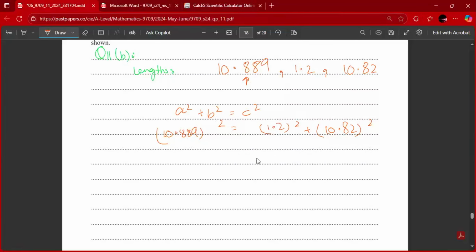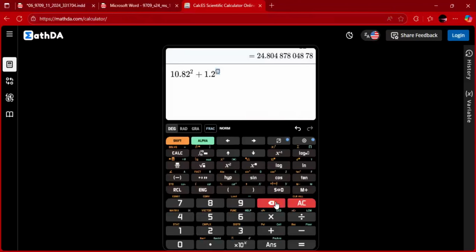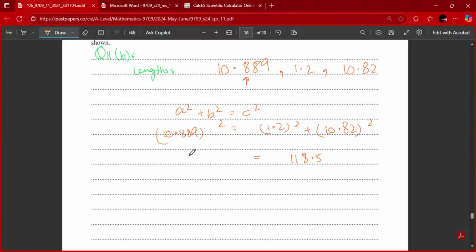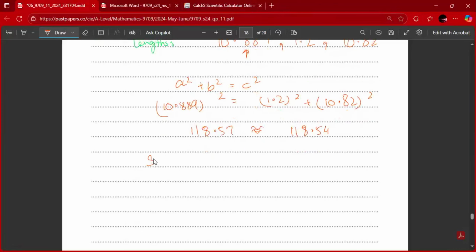So this side is equal to 118.5. Let's do the other side now. 108.57. These are approximately near. But I think it was 5.4 something. I don't remember precisely. Approximately equal. So it is a right triangle.